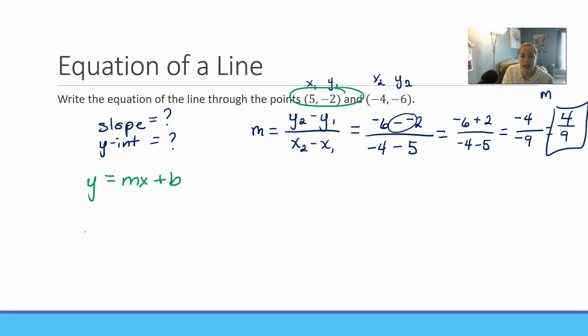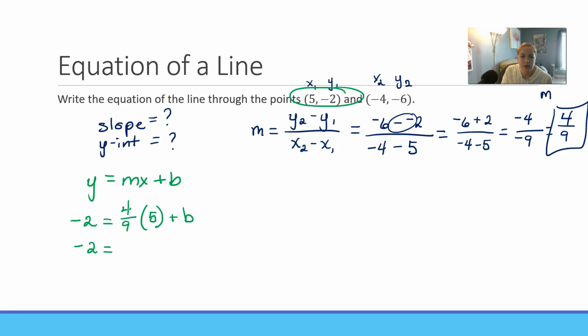So y would be -2, m would be 4/9, x is 5, and b we don't know. Now you could have used the other points. Just don't mix and match, okay? They have to come from the same points. Your x and y has to come from the same point. Otherwise, you won't get the correct b.